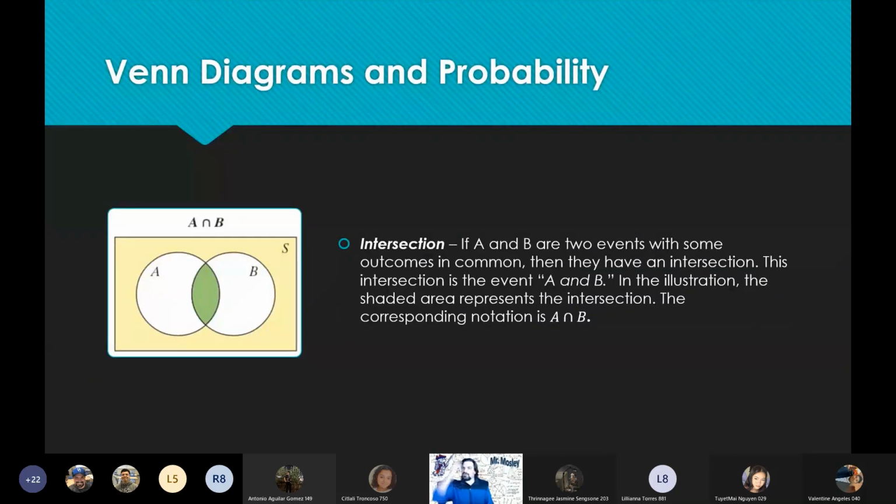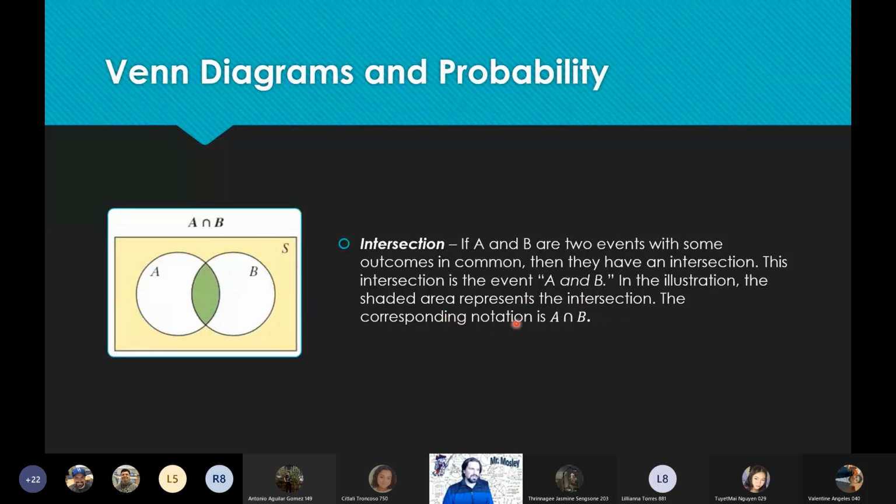All right, now this is a new one. This is intersection. If A and B are two events with some outcomes in common, then they have an intersection. This intersection is the event A and B. In the illustration, the shaded area represents the intersection.